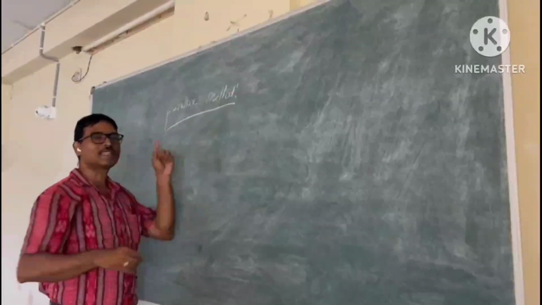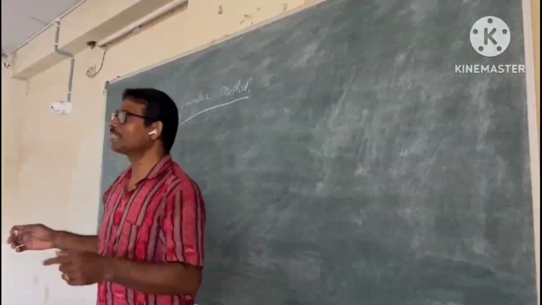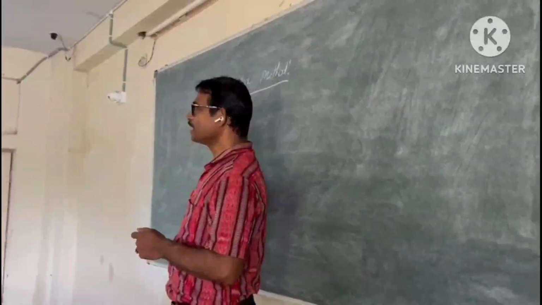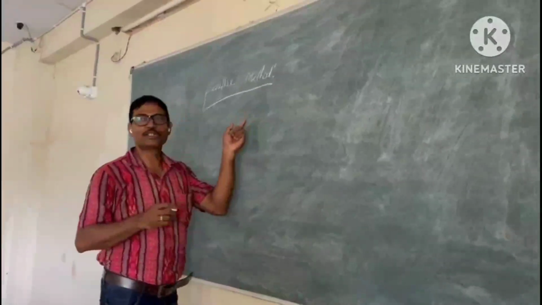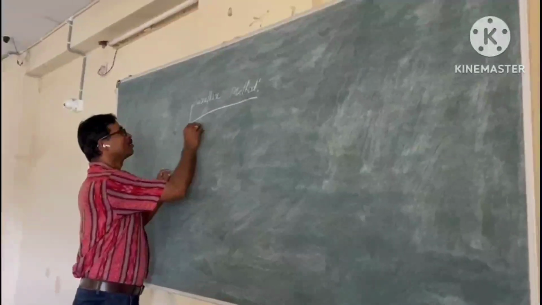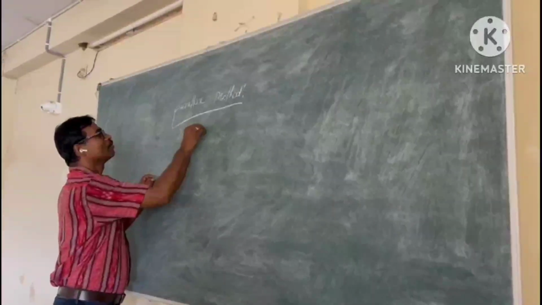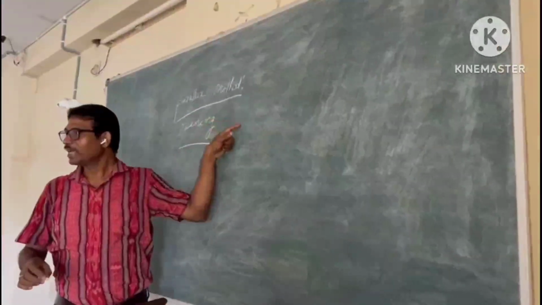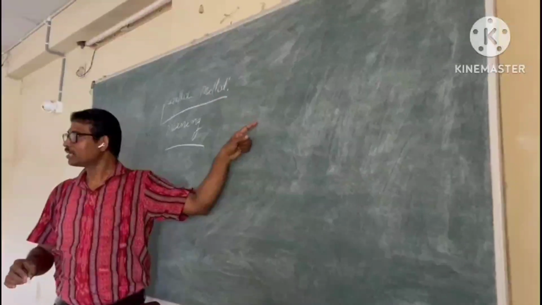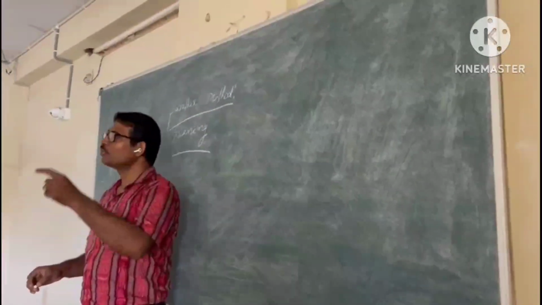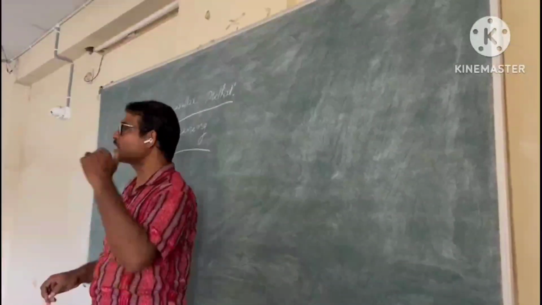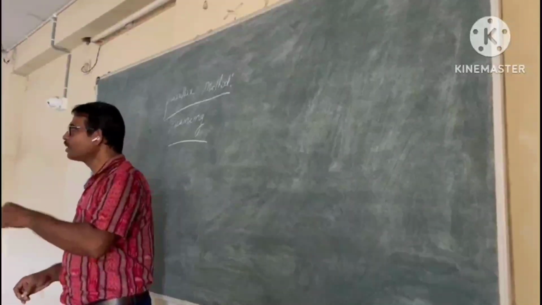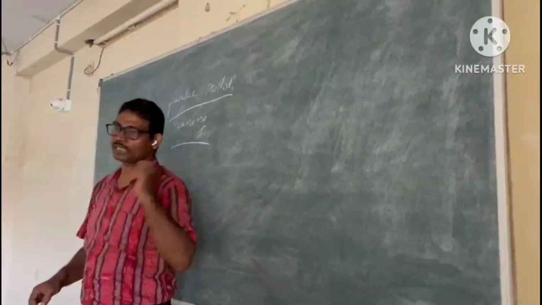Don't think that here the two lines are parallel to each other. So, what is the meaning? What is the use? Actually, the meaning and definition: it is an indirect method which is used to measure the large distance of a planet or nearby star, that means alpha Centauri, from the Earth.